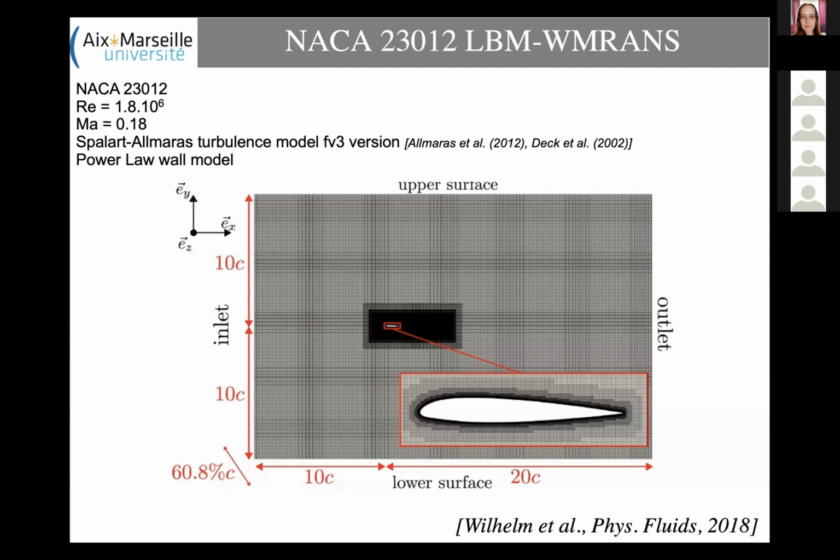Wall model because we are using a Cartesian grid approach, we cannot refine the grid in order to have the famous y plus equal to 1 constraint fulfilled, meaning that we cannot use a classical turbulence model like that. We have to do something on the first cell. And what we do is include a wall model, and we define a power law wall model.